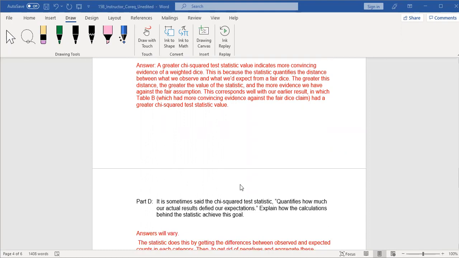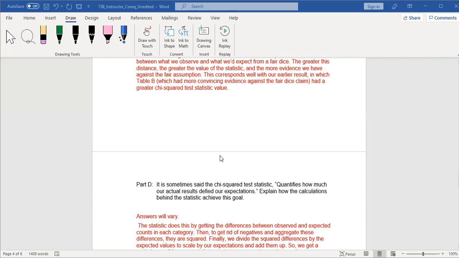Part D: it is sometimes said the chi-square test statistic quantifies how much our actual result defies our expectation. Explain how the calculation behind the statistic achieves this goal. The statistic does this by getting the differences between observed and expected counts in each category.